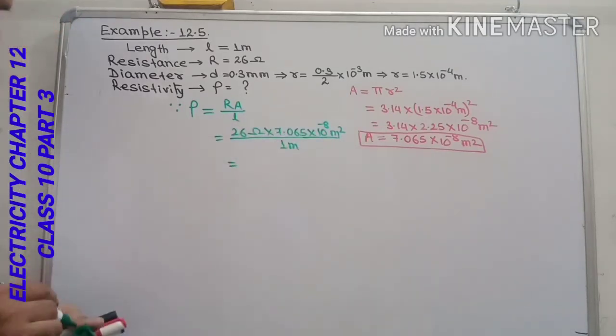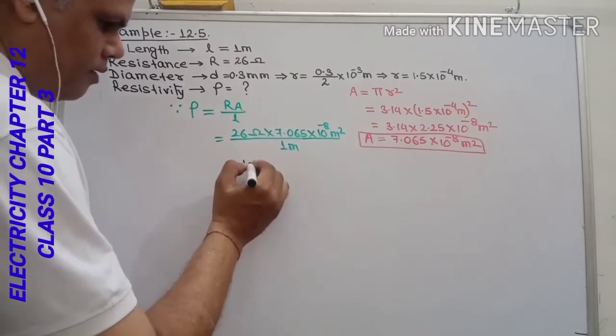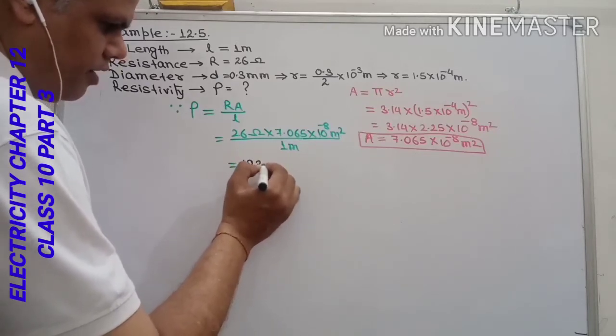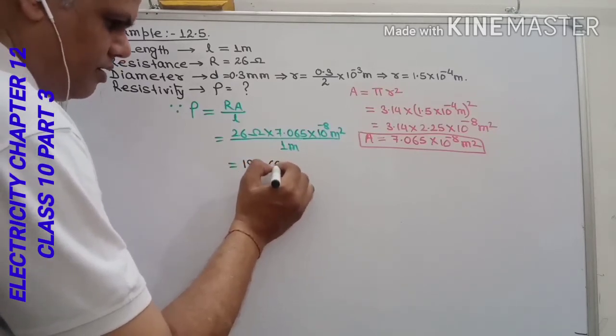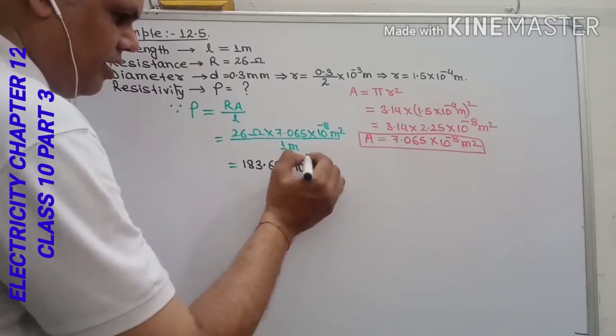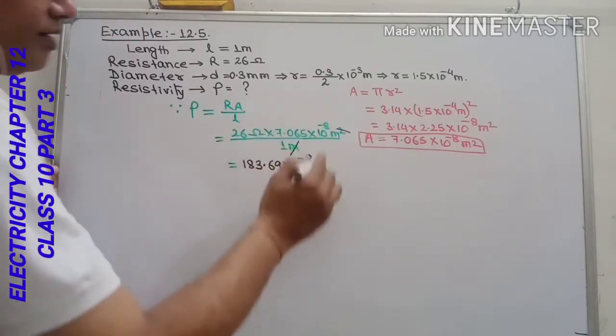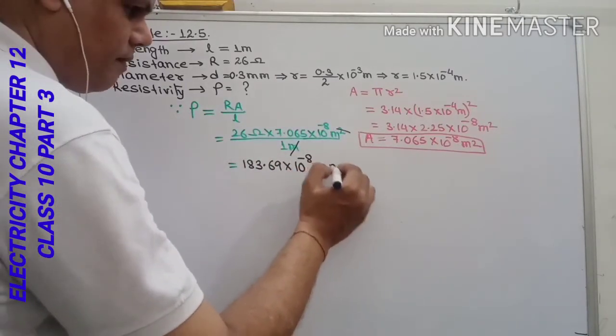If we find it out, this value comes out to be 183.69 multiplied by 10 raised to the power minus 8, and this meter and this square cancels out, so we get only ohm meter.